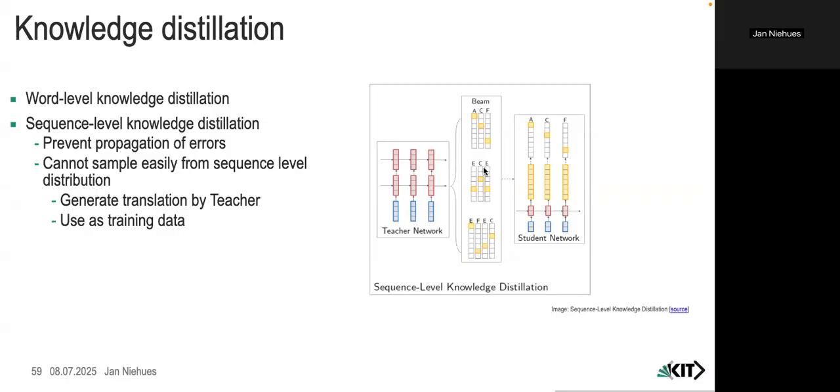In this case, for the same input, the teacher network will always generate the same output. So you don't have to learn this ambiguity by yourself, but you're directly telling the model, for this input, always generate the same output. This is mainly decided by the teacher network, what is the best translation for this input, and the model no longer decides. Of course, it also no longer has this variability.